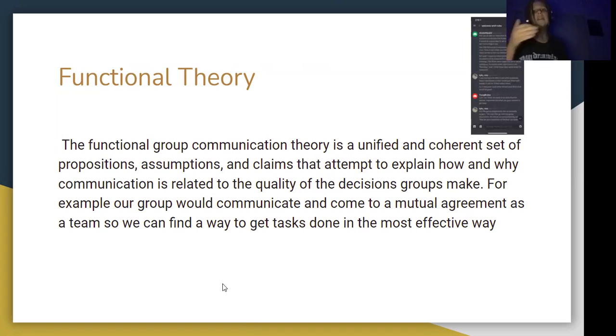So we are coming to an agreement about what time we would be most productive during our meetings. So we found out the 8 a.m. meetings were not working for us. So we instead tended to have 9 p.m. meetings.